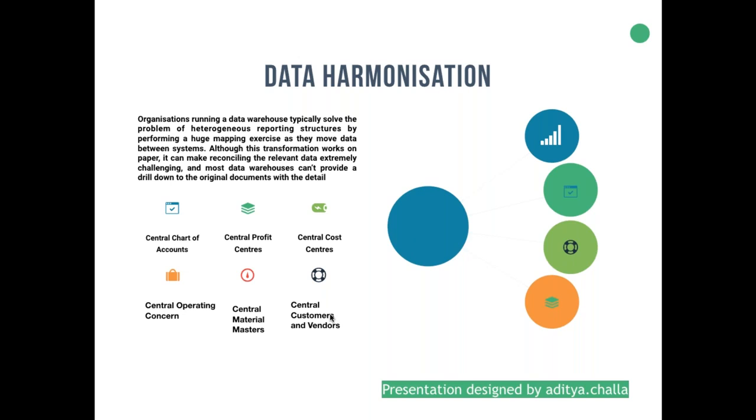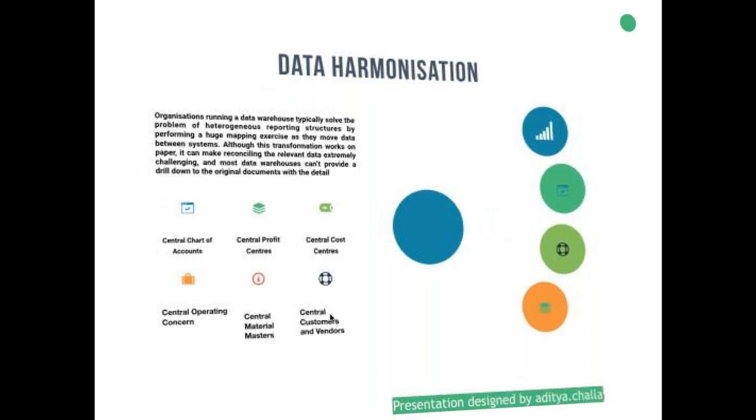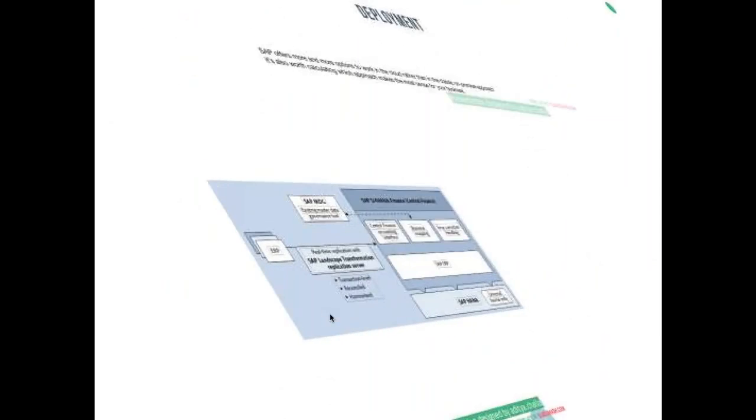The same customer or vendor can be processed in the other company code, like material master or operating concern, whatever it may be. That decreases our configuration and implementation cost, because we implement with one company code, but it reflects in the other company codes also. That is the main advantage of Central Finance.